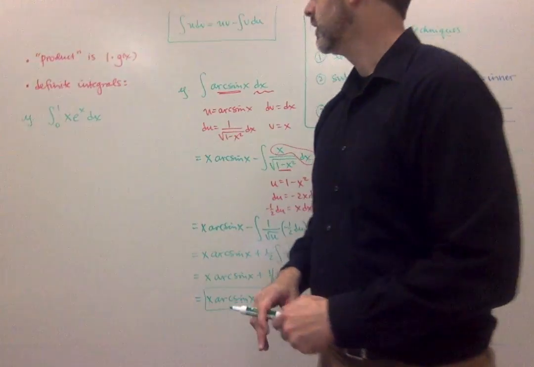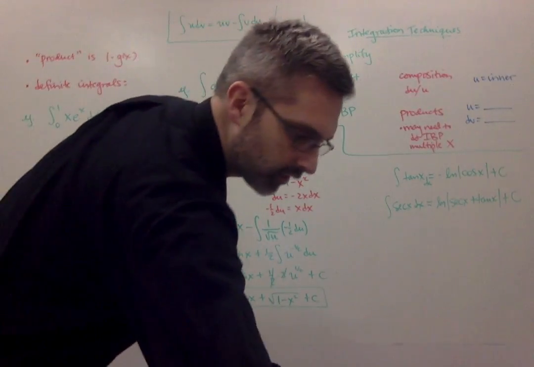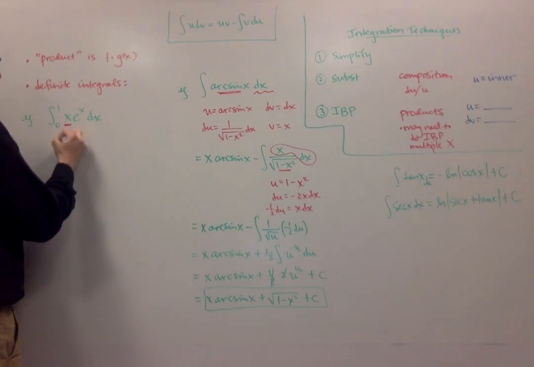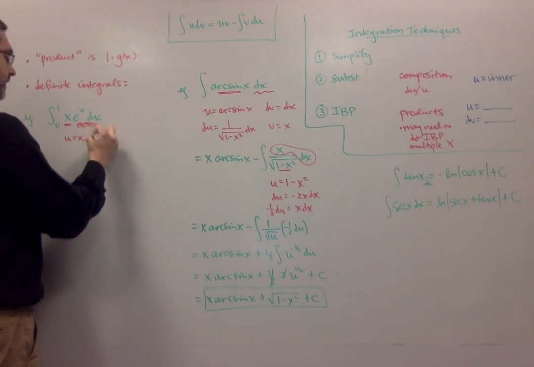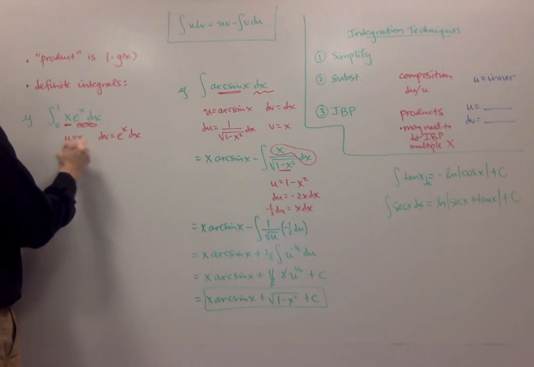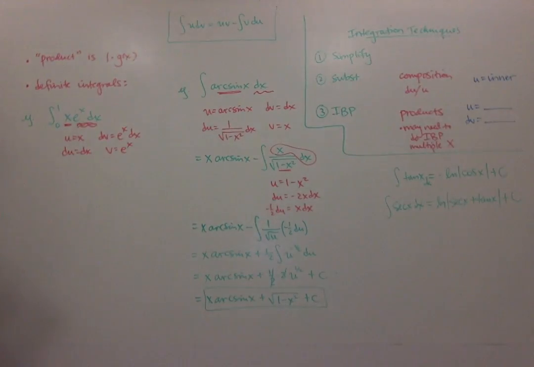All right. So ignoring the 0 to 1 for a second, the way that we did this before is we let u be x, and then this part right here is my dv, so e to the x dx. So du is dx and v is e to the x.